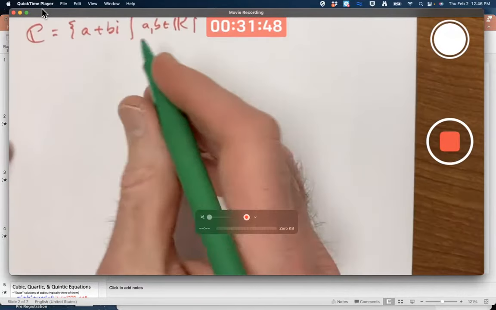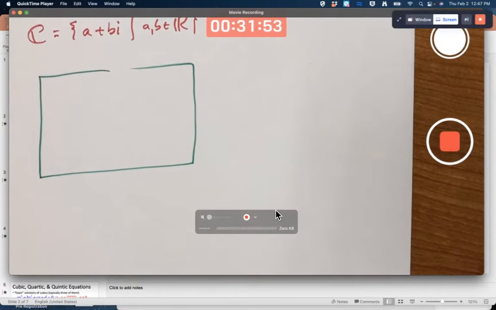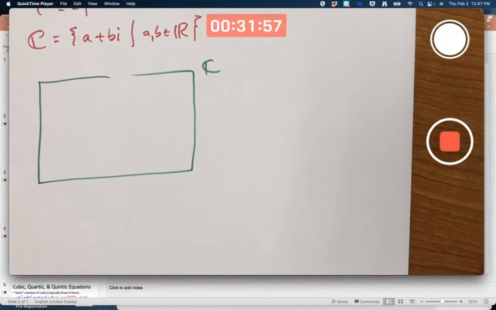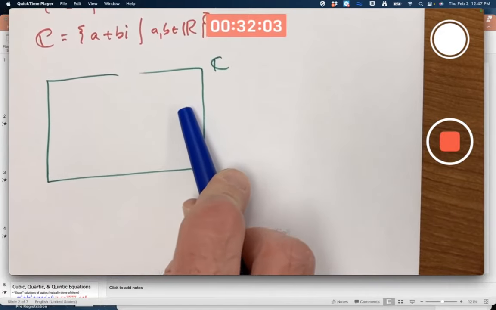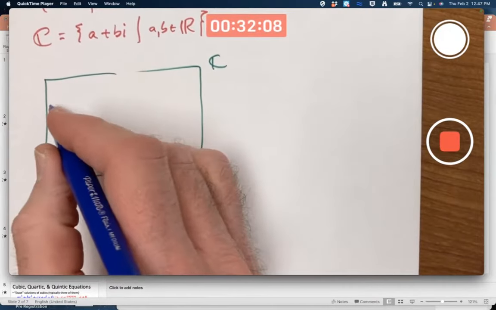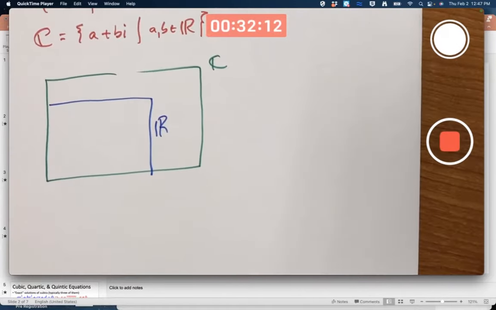The complex numbers in this context form the biggest set, so you can pretend that's C. You could pretend that entire thing is the complex plane if you wanted to, and if you did, you'd only draw a line for the real numbers, but for the sake of just drawing a Venn diagram kind of thing, let's make the real numbers bigger. This would be the real numbers sitting inside the complex numbers.